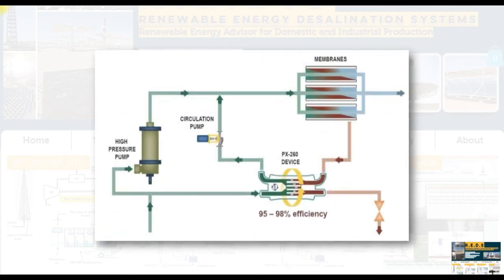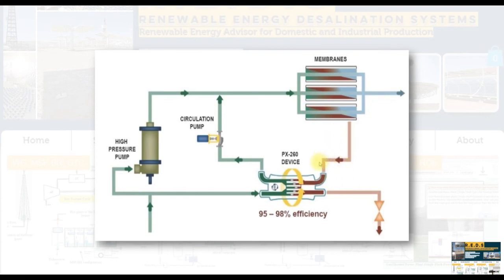The third one is the most efficient one, which is to split the feed. Splitting the feed also decreases the load on the high pressure pump. So we split the feed and exchange the pressure of this feed stream with the high pressure from the rejected brine, because it's waste brine.